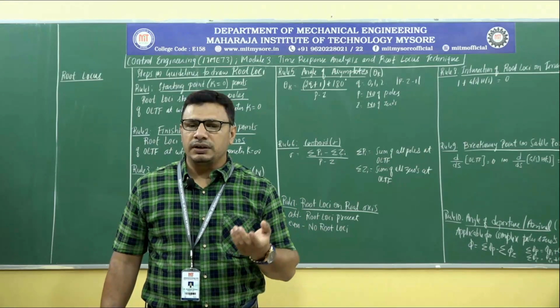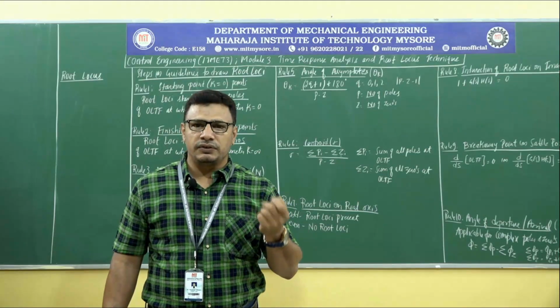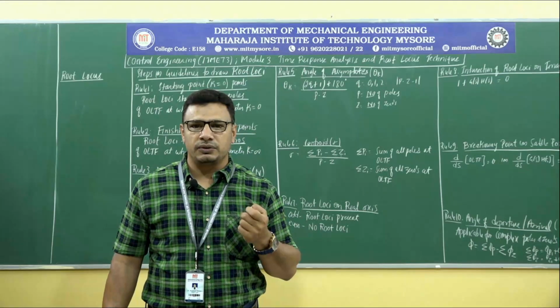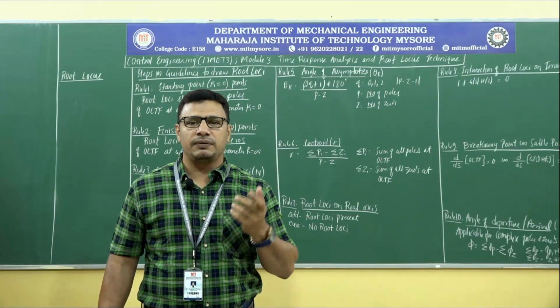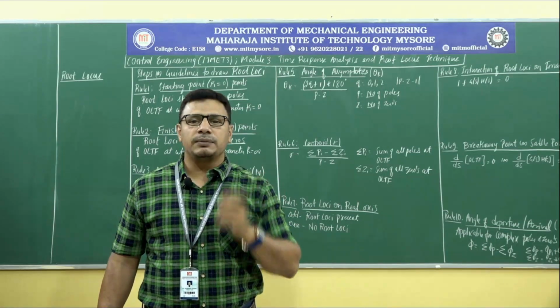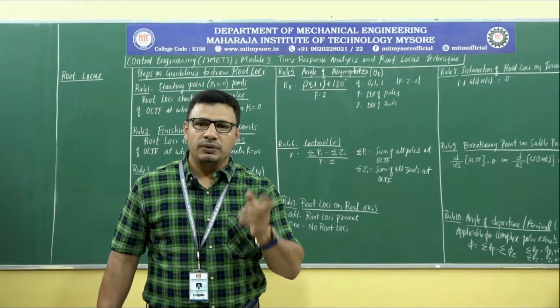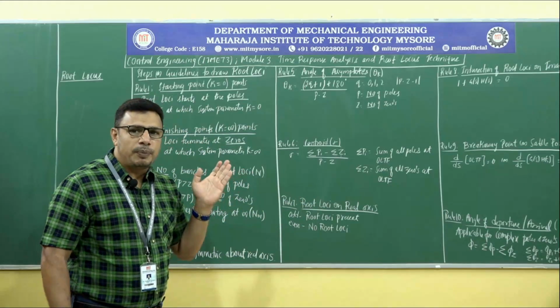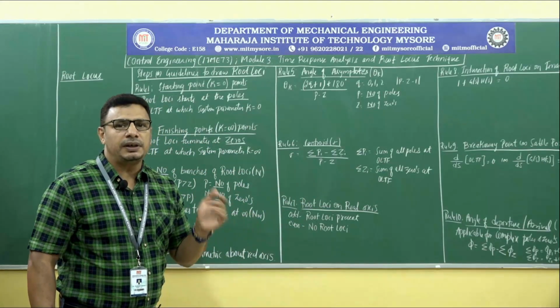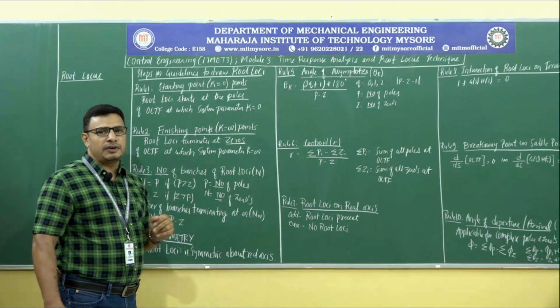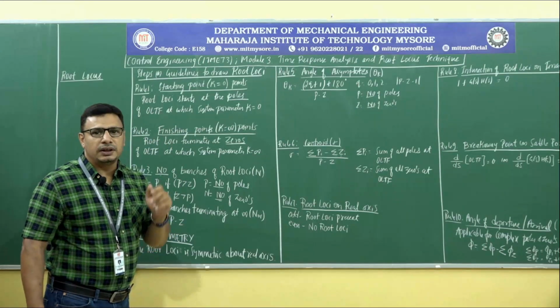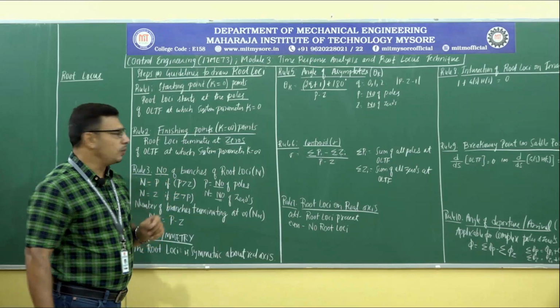Then what you will get, s is equal to 0, s is equal to minus 1, s is equal to minus 2. So, 0, minus 1, minus 2, which are present in the denominator of an open loop transfer function, they are termed as the starting points. So, that is what all poles will be the starting points. That is the first step in the process of evolving the analytics for drawing the root locus plot.